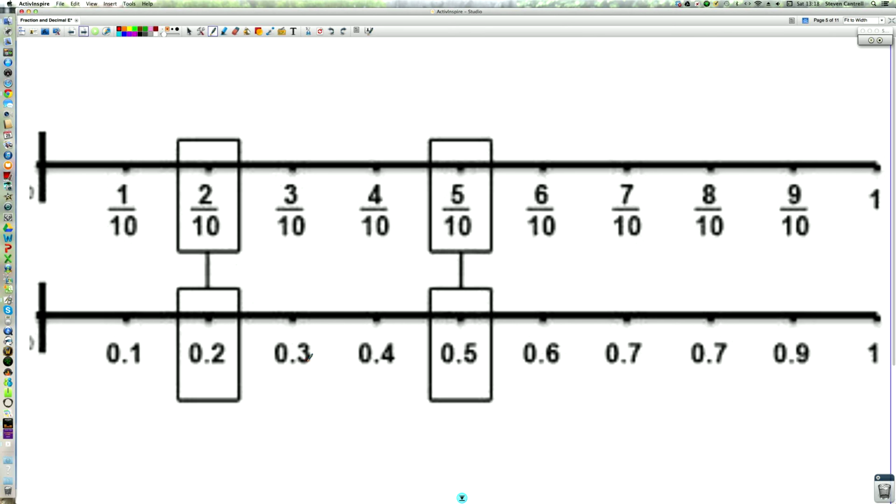Whenever I talk about tenths, it's that number right to the right of the decimal. 5/10 is the same as 0.5, which would also be the same as 1/2. Okay, so you can see how these are equivalent. Now there's a mistake right here, obviously, where the people who made this repeated 0.7 instead of putting 0.8 right here, which is what they should have done.